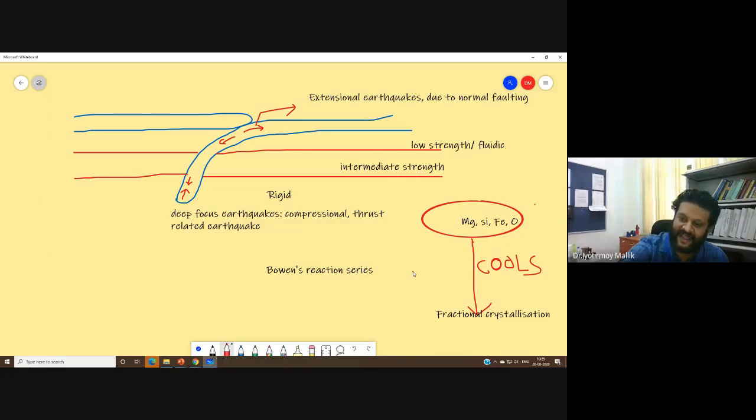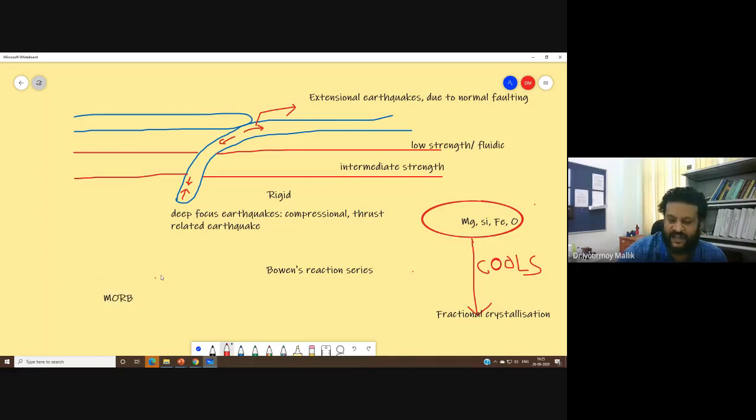But if I can form a rock from the undepleted magma, like it happens in a mid-oceanic ridge, that type of basalt is called mid-oceanic ridge basalt, MORB. It's the very typical type of basalt.